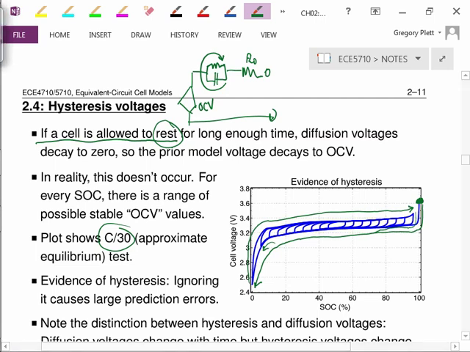Because the cell current is so low, a C/30 rate is very, very low, and we think about what is happening in this model, the IR drop is just about zero. It's not zero, but it's very close to zero. And the drop across that element is also very close to zero. And so I would expect this lab test to give me essentially open circuit voltage plus or minus a very small amount.